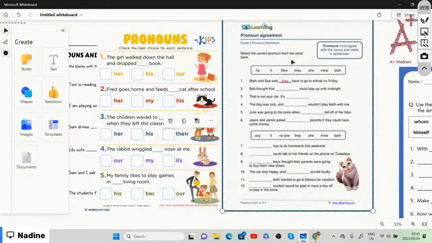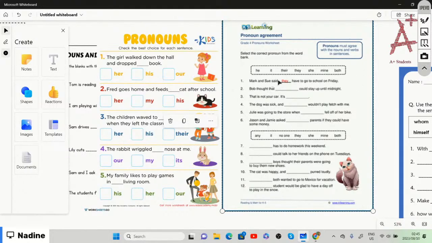And now remember, the pronoun must agree with the noun in the sentence. We need to select the correct pronoun from the word bank. It's he, it, their, they, she, mine, or both. Mark and Sue said they have to go to school on Friday.